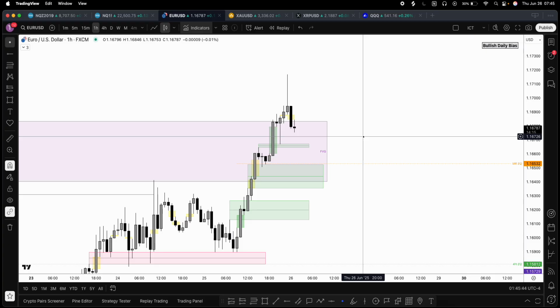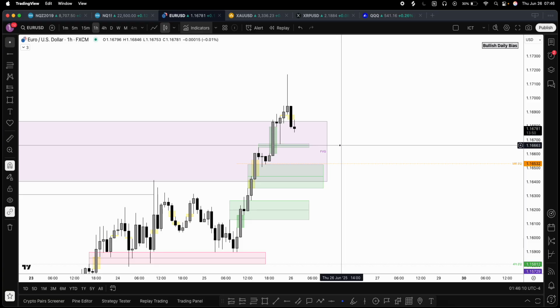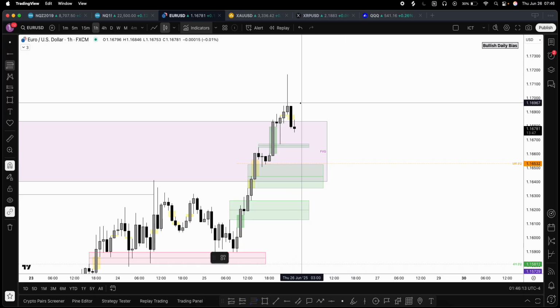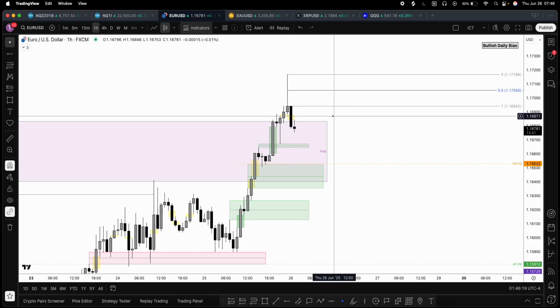It's still interesting that it did on the 4-hour. So let's see. Okay, trading starts in 14 minutes. When there's large wicks, we like to just sort of also look at where the midpoint is. Price sometimes likes to react to that, so just keep that in mind as well.